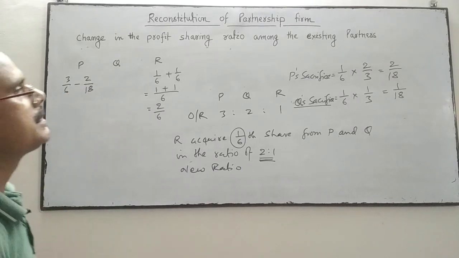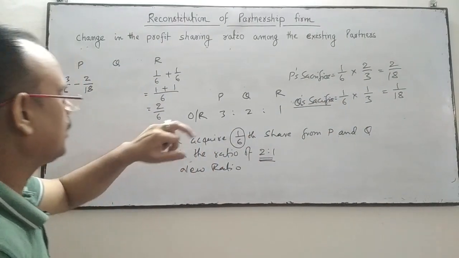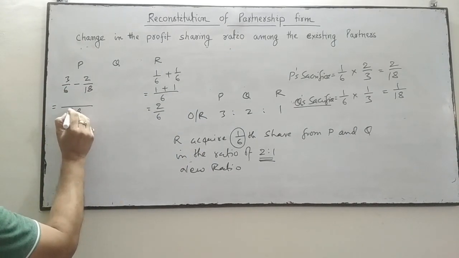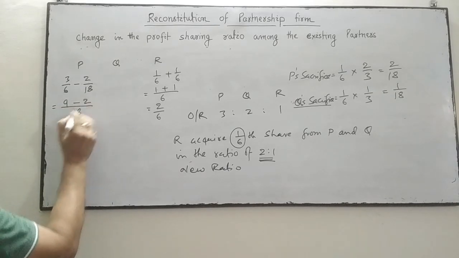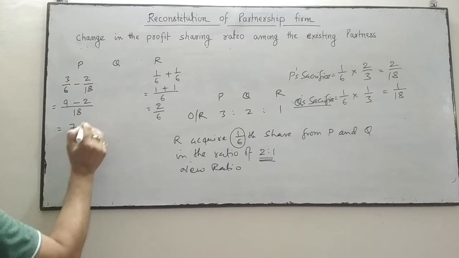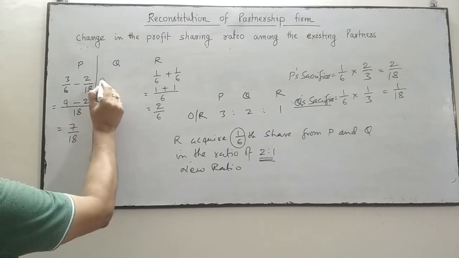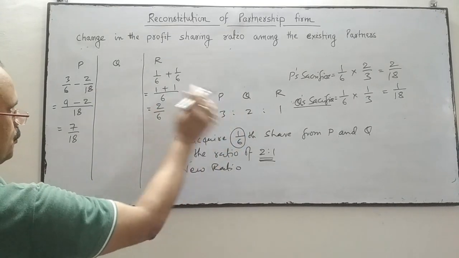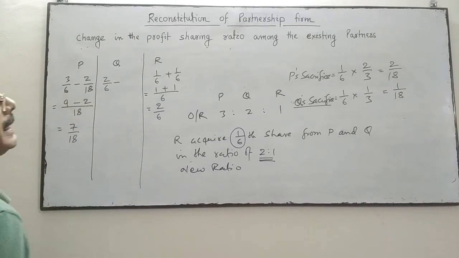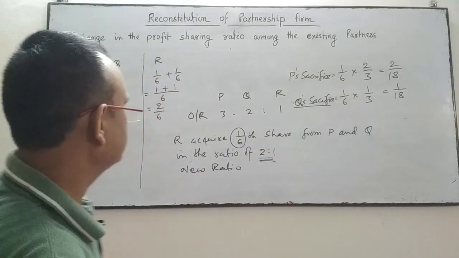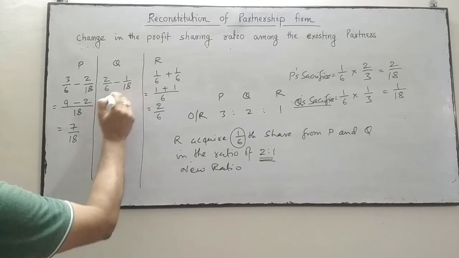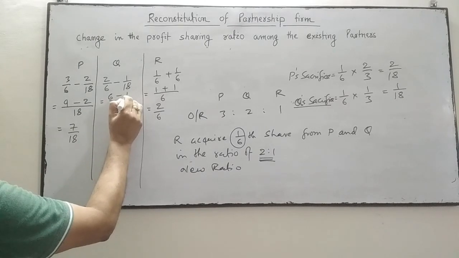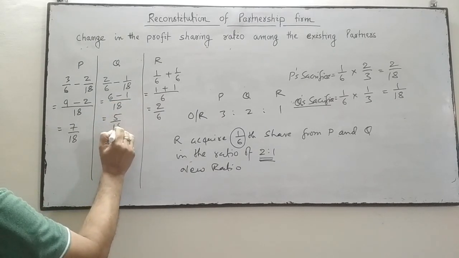P has sacrificed 2/18 share in favor of R. So the new one will be 18, 9 minus 2, 7/18. This is about P. Now see about Q. Old share of Q is 2/6 minus the 1/18 he has sacrificed. So new share will be 5/18.